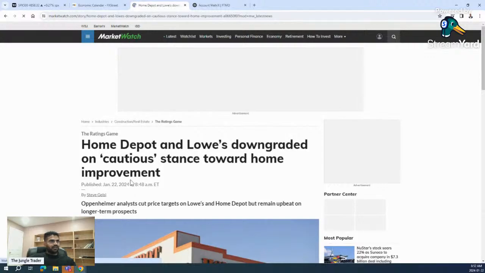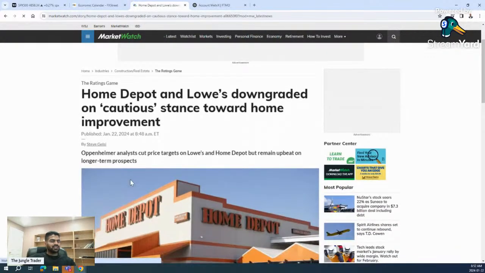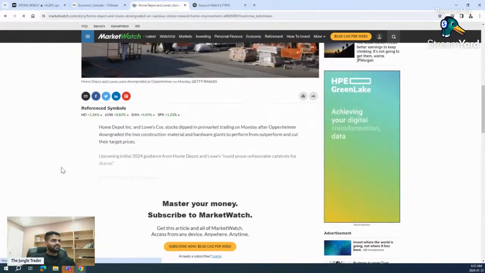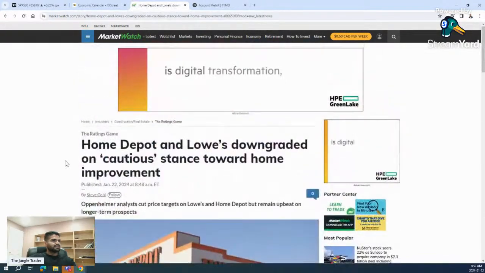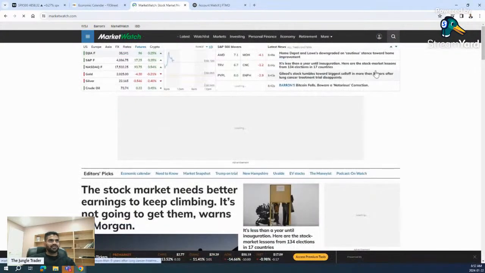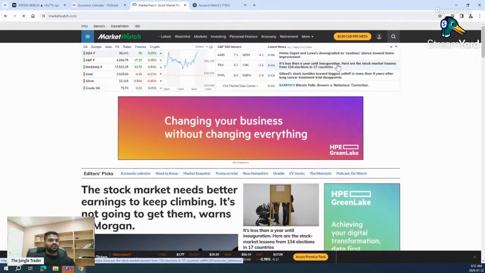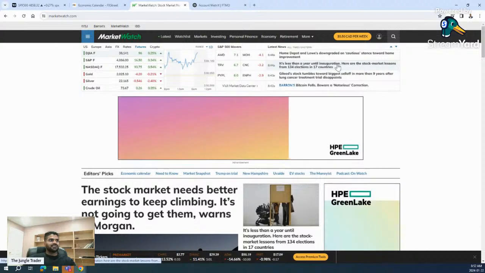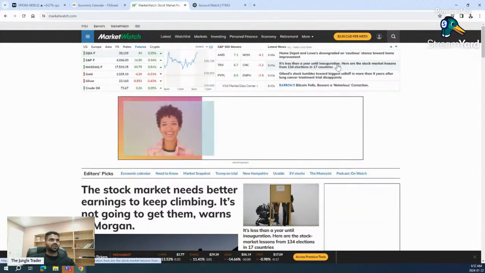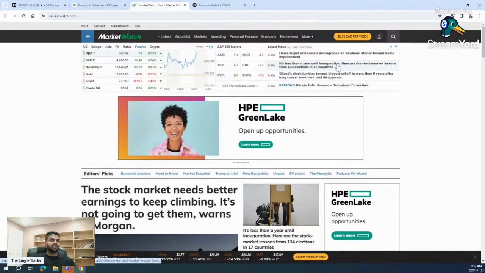Home Depot and Lowe's downgraded to cautious stance towards home improvement. Yeah, these ratings, I feel like whenever they want to buy, they rate something down, and when they want to sell, they'll change it to a buy rating. Don't believe what you see, whenever there's a headline of one stock or the other on CNBC or even headlines.